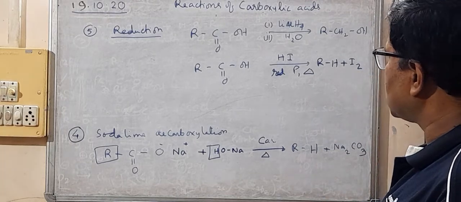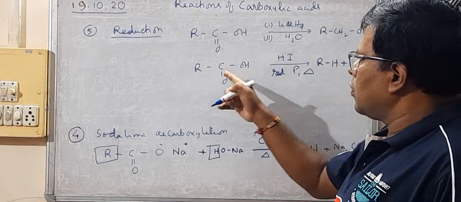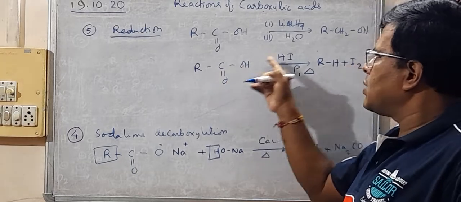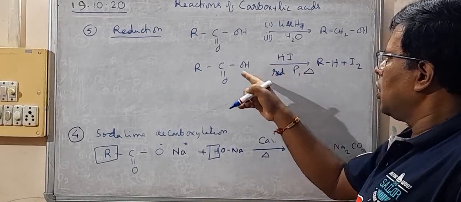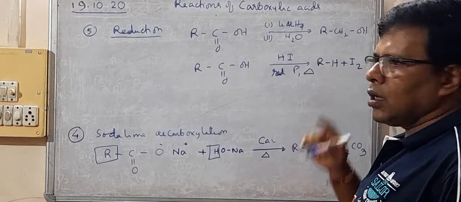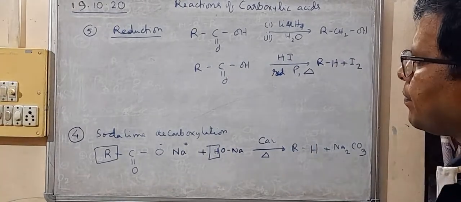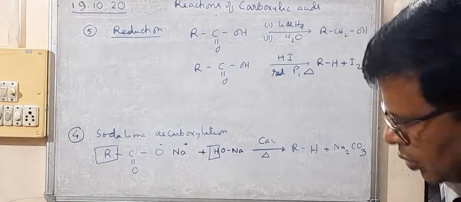I am not balancing this equation, but when carboxylic acid is heated with HI and red phosphorus, it gets reduced to alkane. So this is about reduction.